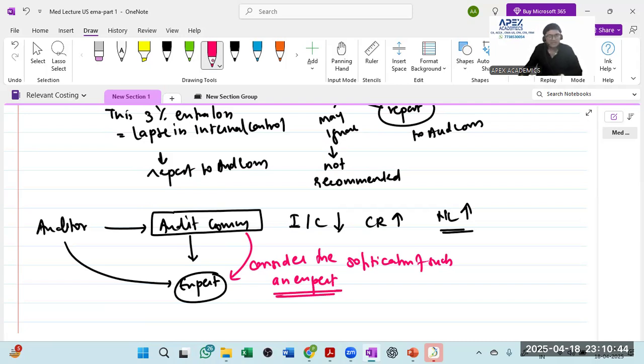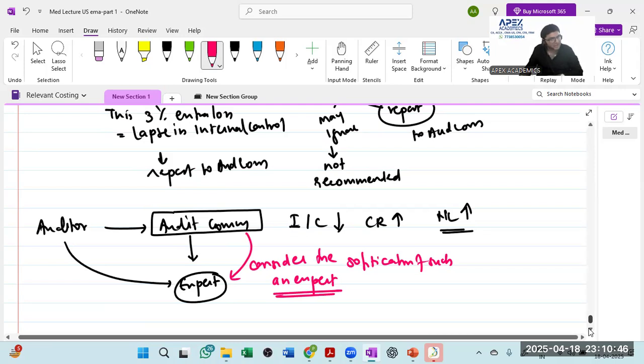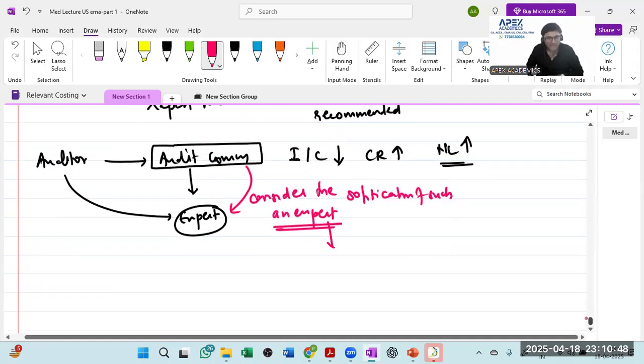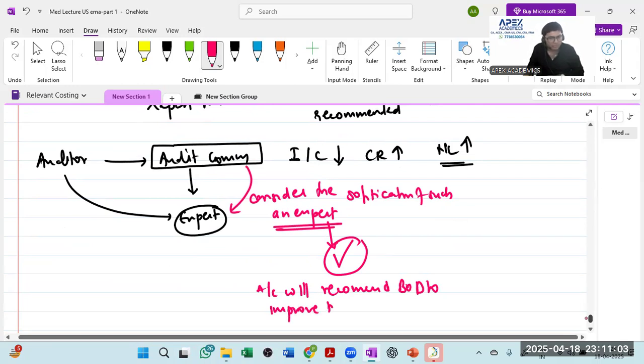And then, if the audit committee is convinced that the auditor's expert is indeed good, what will the audit committee do? Audit committee will recommend the board of directors to improve the internal controls.